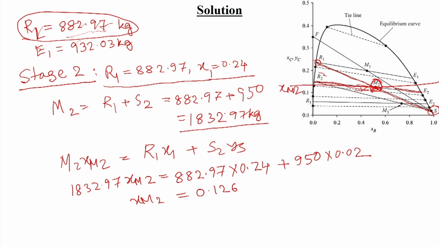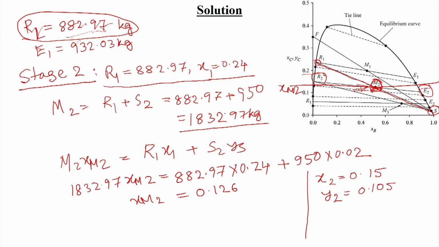From there we will be getting x2 equal to 0.15, and y2 we will be getting as 0.105. So, we will be getting these x2 and y2 values.